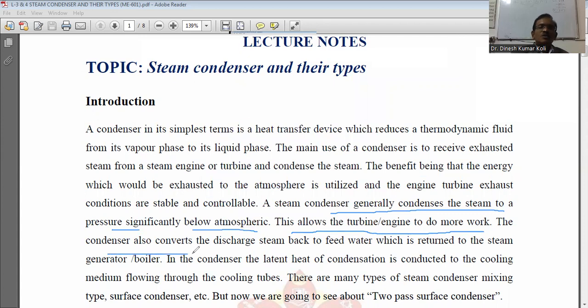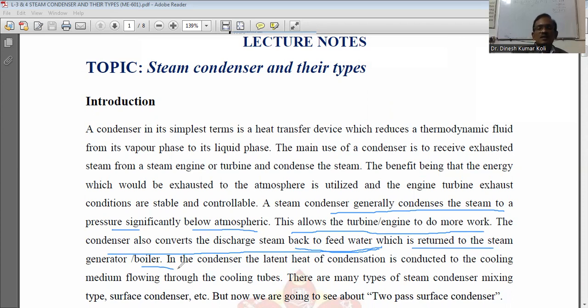The condenser also converts the discharge steam back to feed water, which is returned to the steam generator or the boiler.